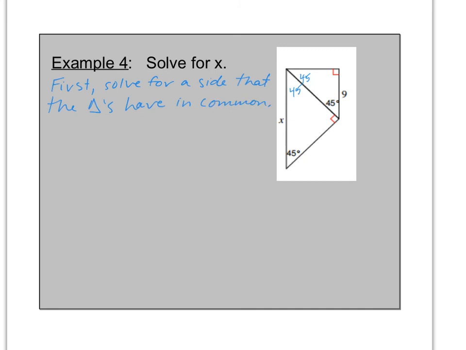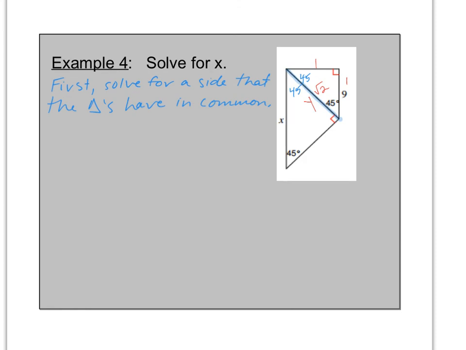So in this case, I'm going to try to solve for this side first because the triangles share that side. Remember, all 45, 45, 90 triangles have a ratio of 1 to 1 to root 2. And I'm going to call this side y just so that I can call it something in my proportion.